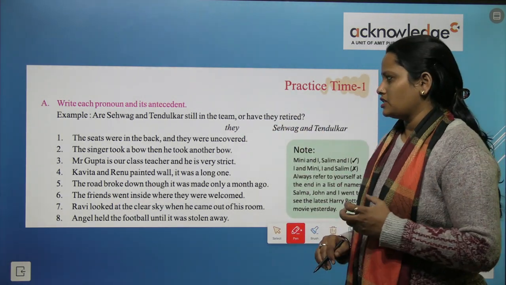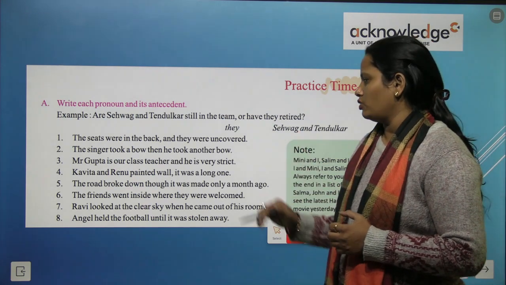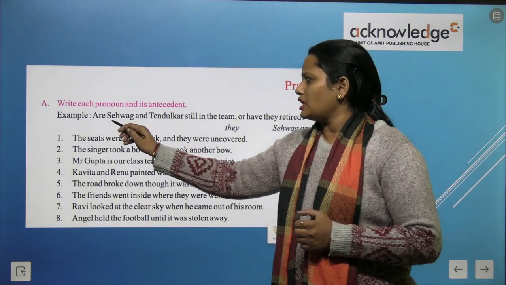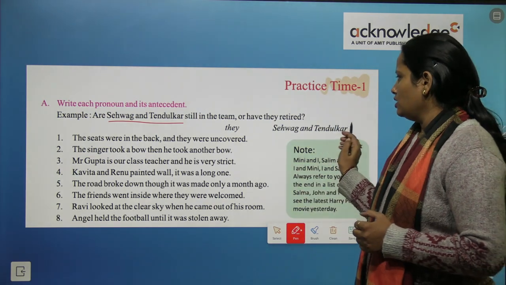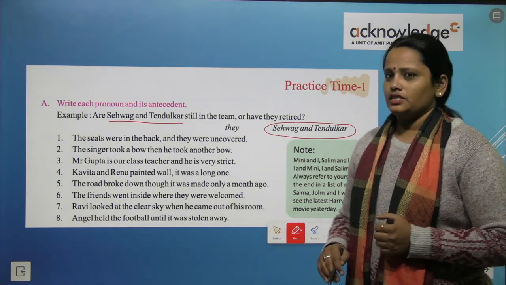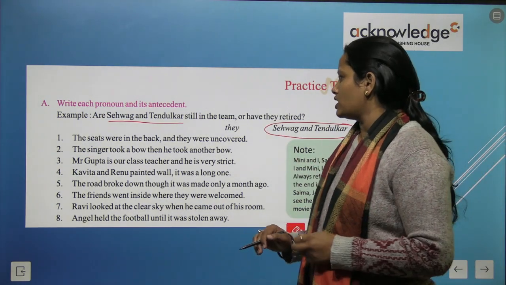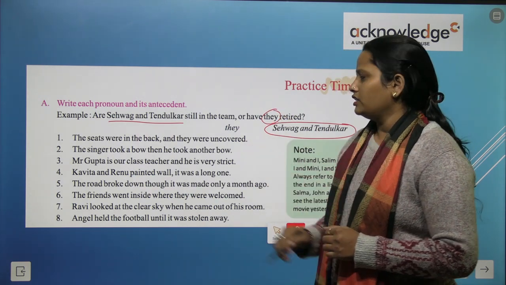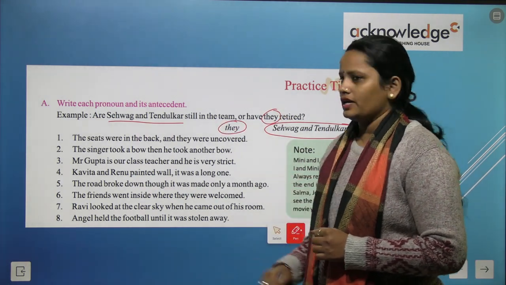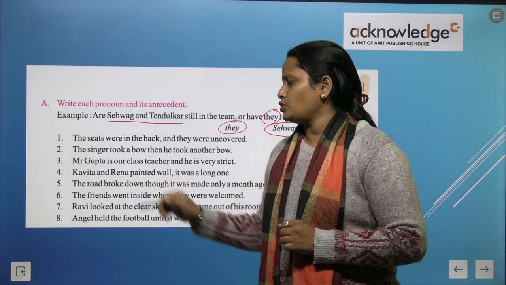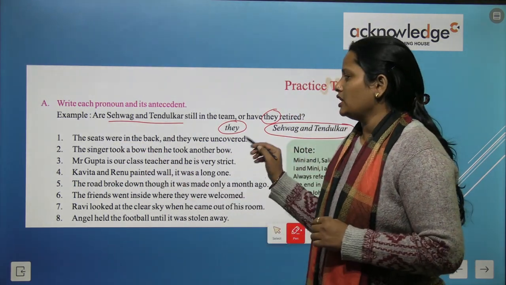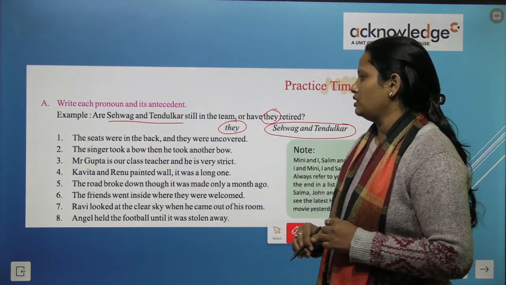So क्या सहवाग और तेंदुलकर अभी भी टीम में हैं या वो retire हो गए? So यहाँ पे हम सहवाग और तेंदुलकर की बात कर रहे हैं. Here these are the nouns और इनकी जगह पे हमने कौन सा pronoun use किया है? They use किया है. So यहाँ पे they को हमने अलग लिख दिया है. ऐसे ही the first one is, the seats were in the back and they were covered.